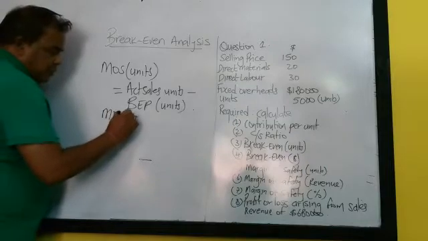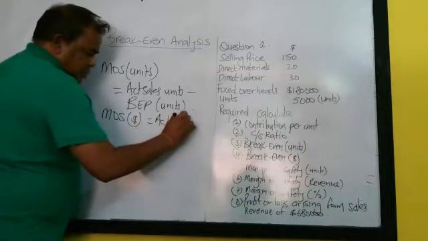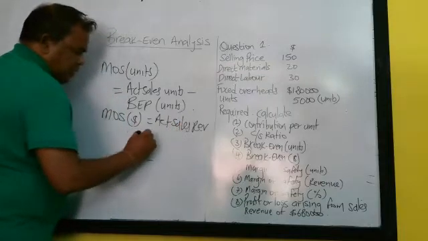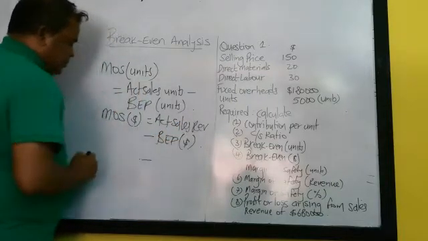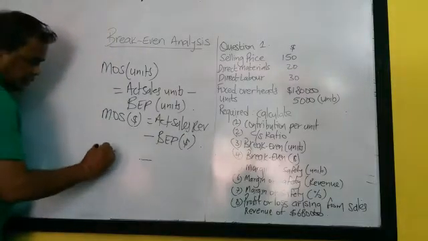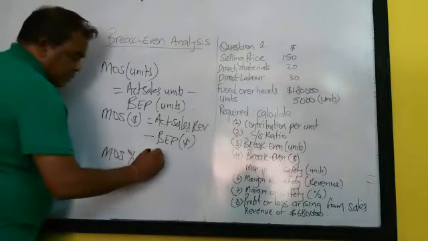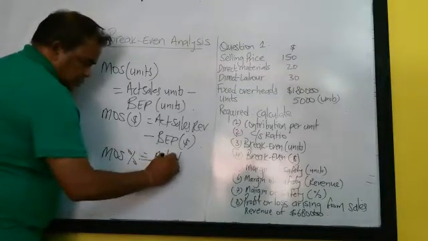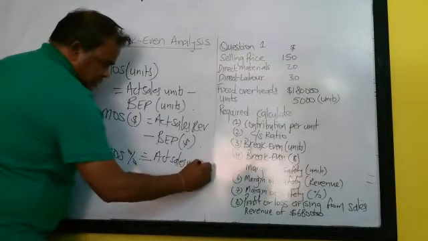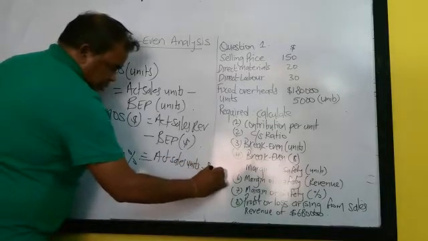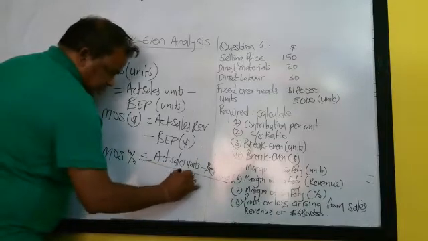Margin of safety revenue: actual sales revenue minus break-even revenue. Margin of safety as a percentage is equal to actual sales units minus break-even units over actual sales units.